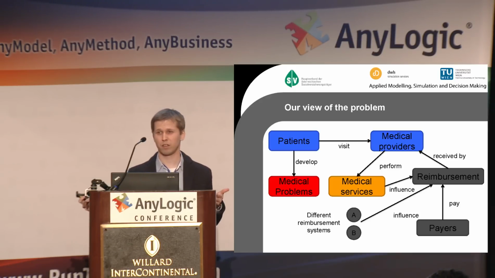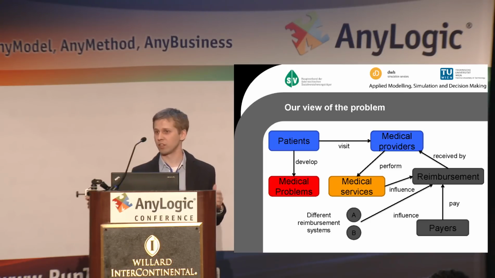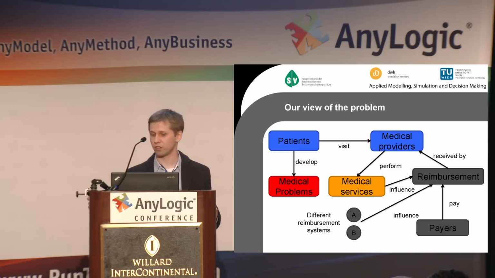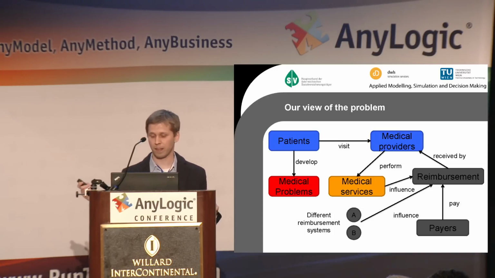And then we had to think, why does reimbursement take place? Because patients develop medical problems, diseases, and because of these medical problems, they consult the medical providers. They visit them, and from the providers they get medical services, which we would then find also in the reimbursement database.